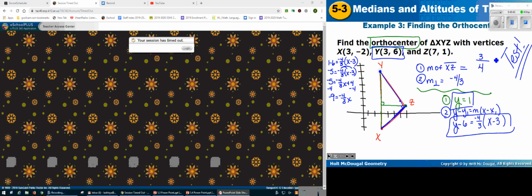What do we do from there? Exactly. We're going to divide both sides by -4/3. And then this takes us back to our arithmetic proficiency review. How do I divide with fractions? Okay. First, I need to make 9 a fraction.